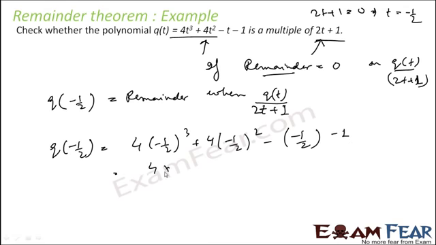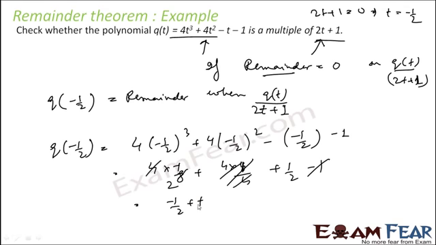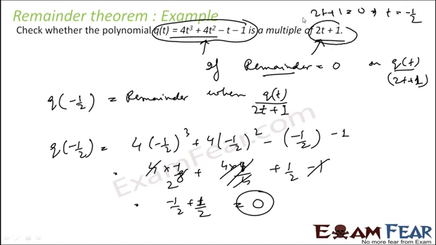Solve it. 4 into minus 1 by 8, plus 4 into 1 by 4, plus 1 by 2, minus 1. 1 minus 1 gets cancelled, and 4 by 8 is minus 1 by 2. This is minus 1 by 2 plus 1 by 2, and this is 0. Since the remainder is 0, I can say that this whole q of t is a multiple of 2t plus 1.